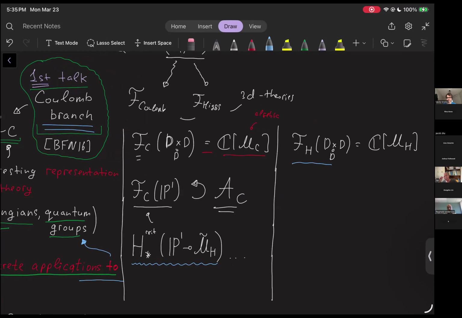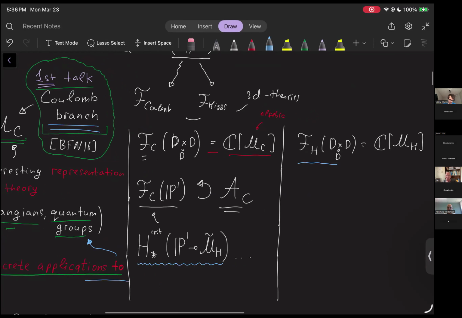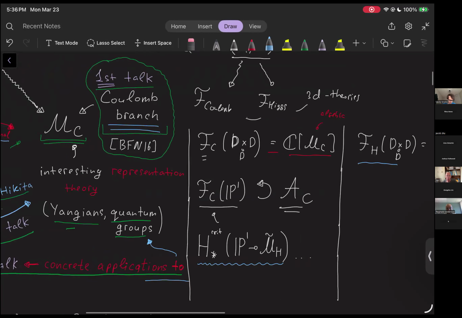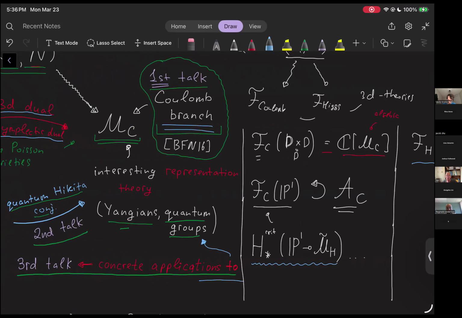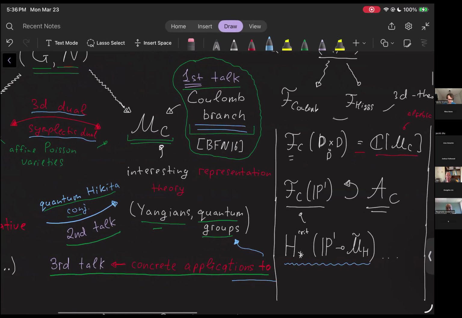I see. Thank you. So 3D mirror symmetry interchanges Coulomb branch and Higgs branch. That's slightly different from 2D, and rather they are always hyperkähler.